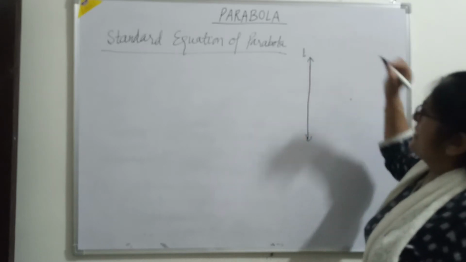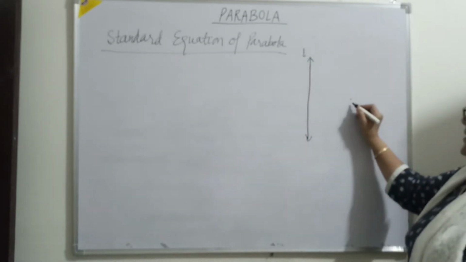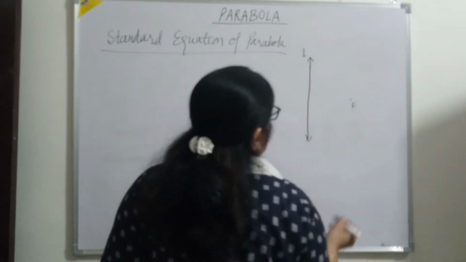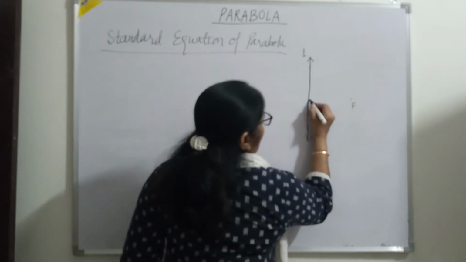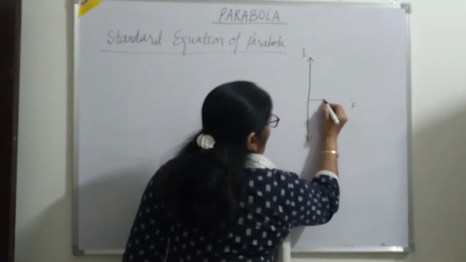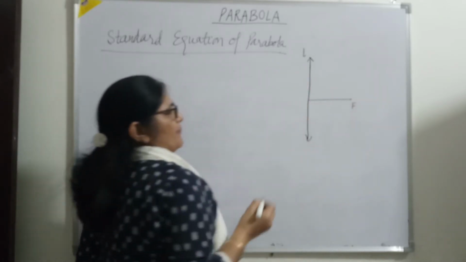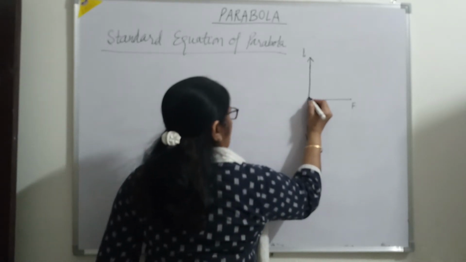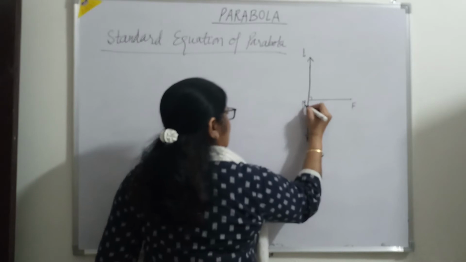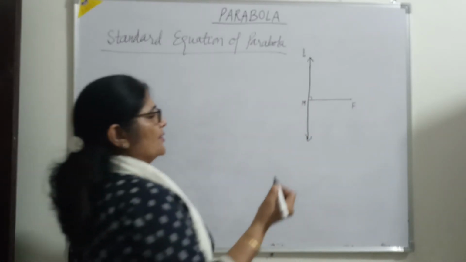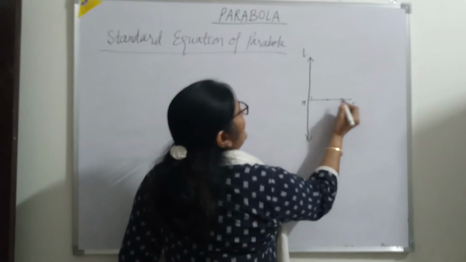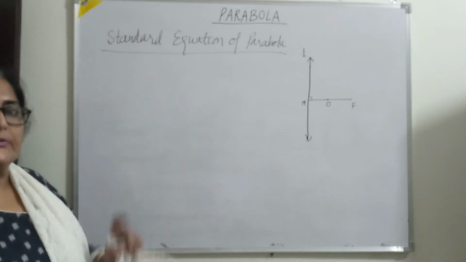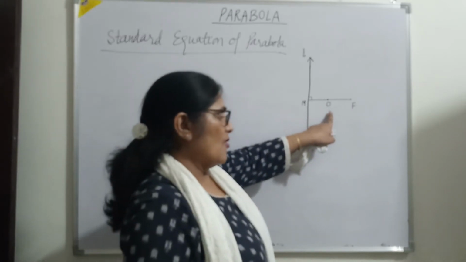As we have taken L, the fixed line, and F, the focus. Now through the focus, draw a perpendicular to line L. Let it meet at point M. Let O be the midpoint of FM.